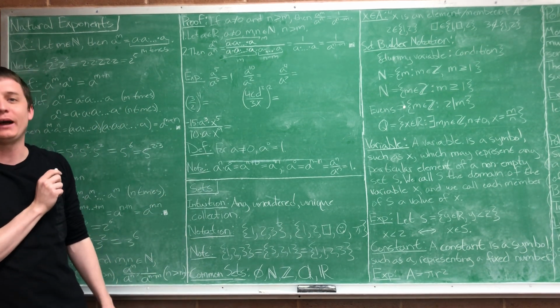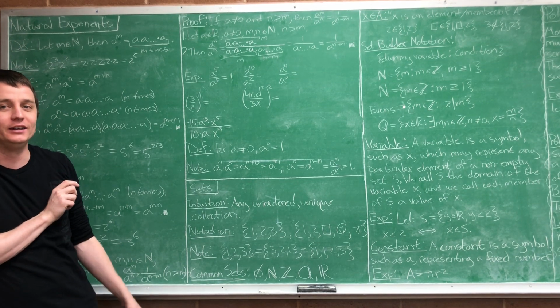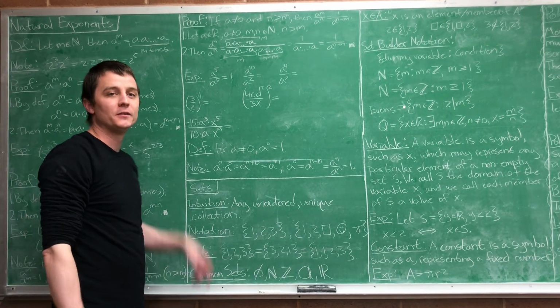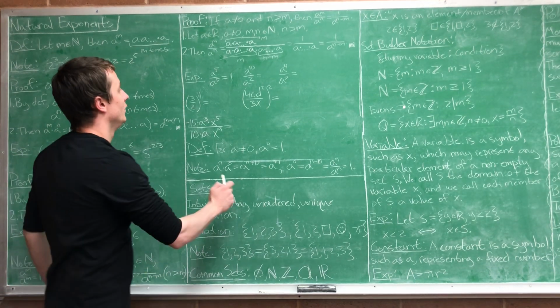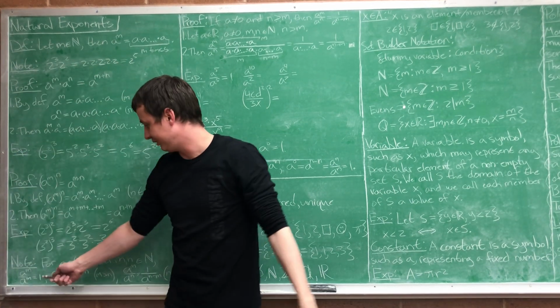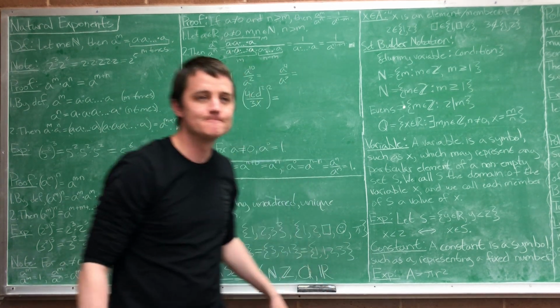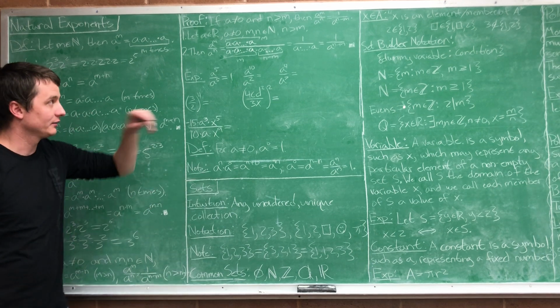If you have 2 halves, what do you have? 1. If you have 3/3, 4/4, 5/5, a number divided by itself is just equal to 1. Or, coming back down to this here, a to the m over a to the m is equal to 1. Same thing, right?